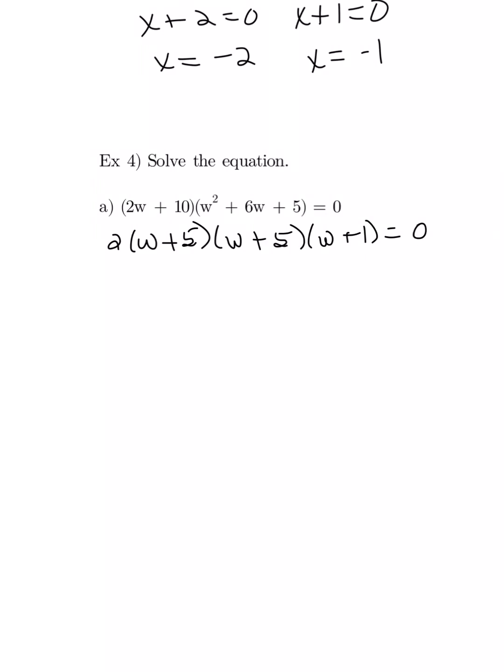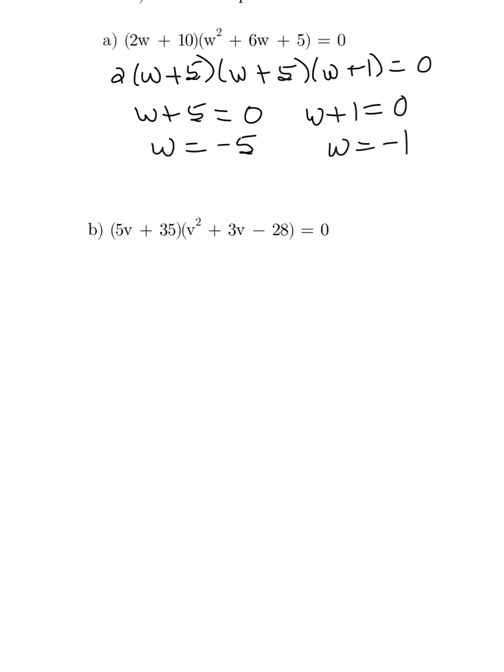Our first two quantities are exactly the same, so we don't need to write them down twice. We're just going to say w plus 5 equals 0 one time, and then our other different quantity is w plus 1, and set that equal to 0. Subtract 5 on the first quantity, you get w equals -5. Subtract 1 on the second, you get w equals -1.